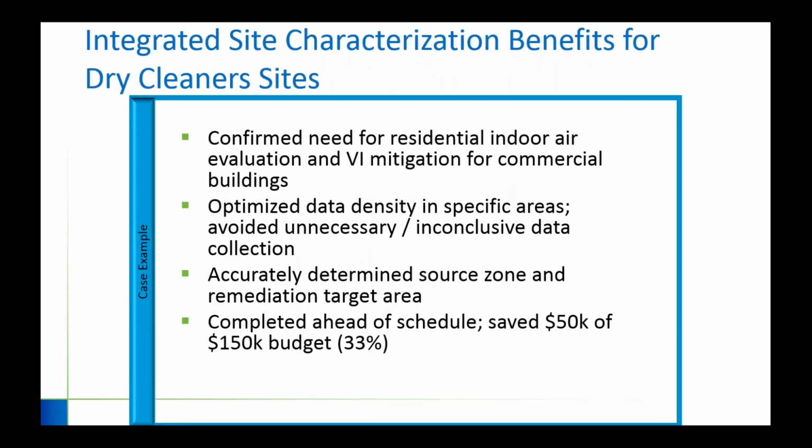And then, of course, the vapor intrusion question here. This wasn't the only sampling that they did for soil vapor. This was the first step. They went out and did more subslab sampling. They did indoor air sampling and ended up having to put in mitigation systems in a couple of those buildings.